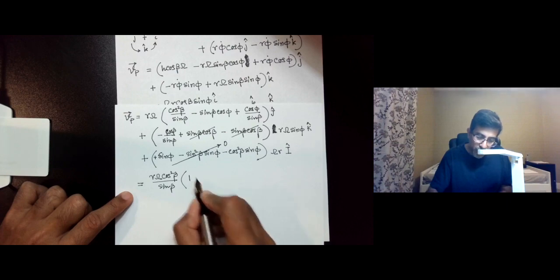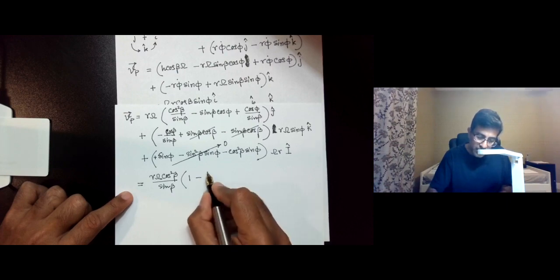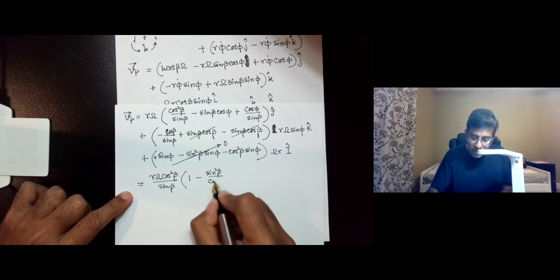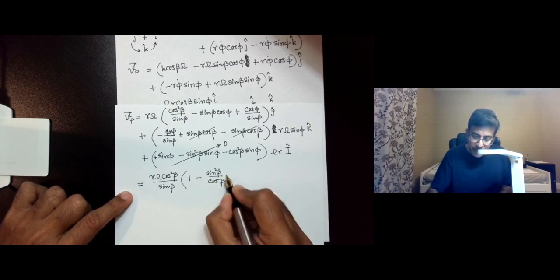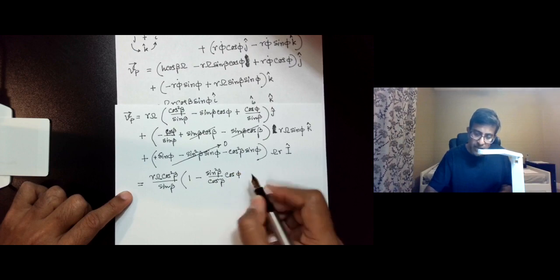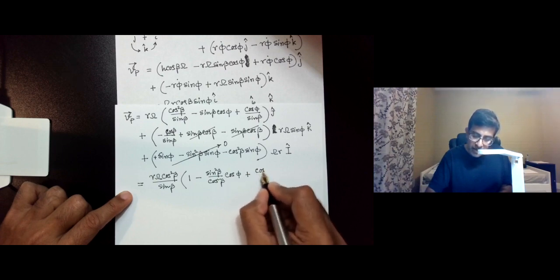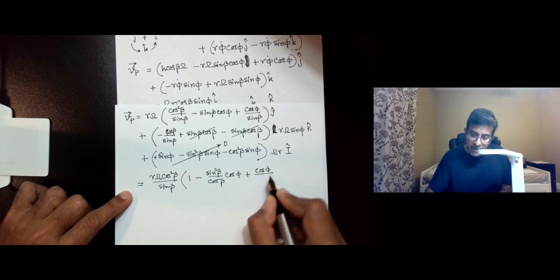So it's going to be 1 minus sine squared beta over cosine squared beta cosine phi plus cosine phi divided by cosine squared beta.